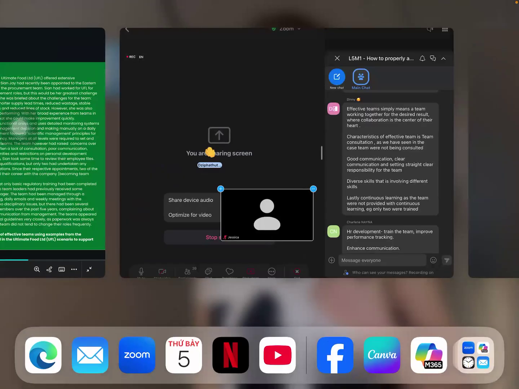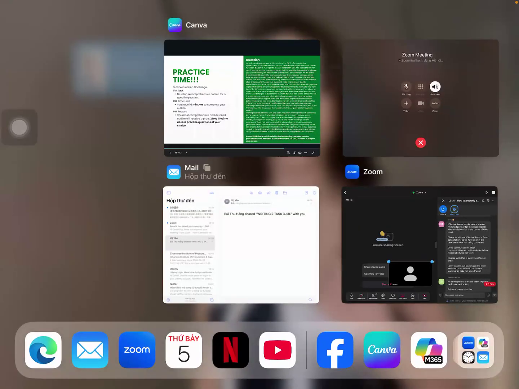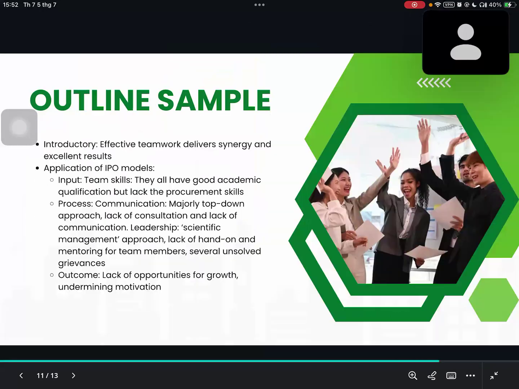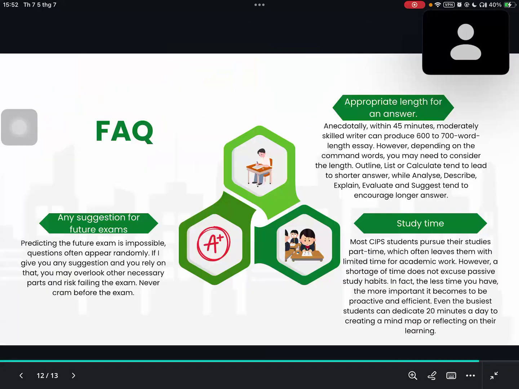Right. Now, let me move on to other questions regarding the exam. As you can see, there are some frequently asked questions about the CI exam in general. Some students ask me about the appropriate length for an answer, and they want to aim at some specific number, like the number of words or number of lines.